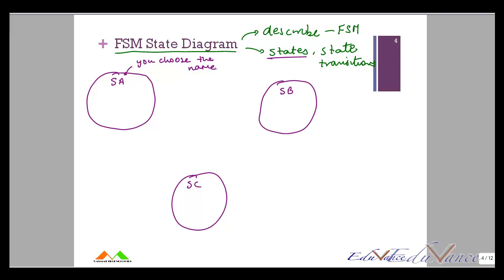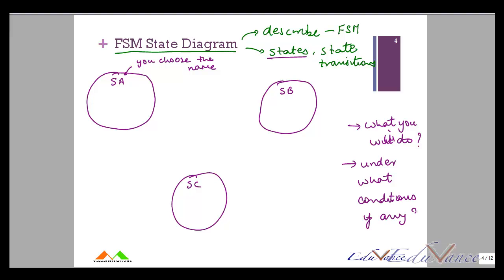Now in every state, you define what you will do and under what conditions, if any. So if there are any conditions here, you can choose what you are going to do under those conditions.